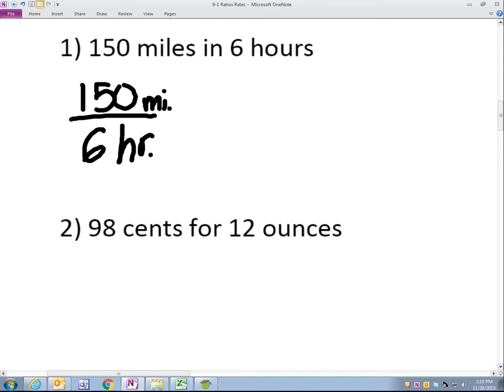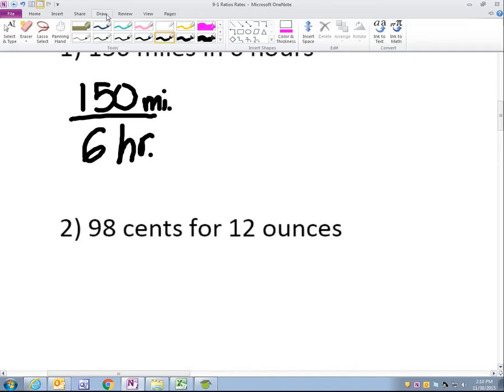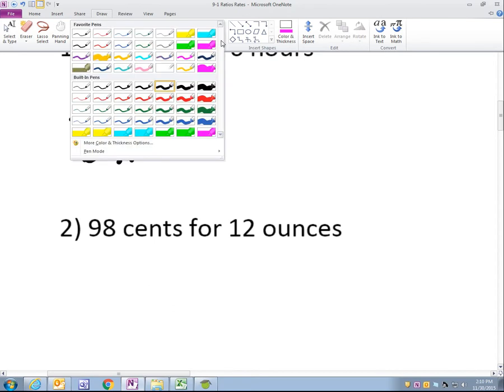Now, in order to do this, I need to do it with the most reduction possible. This goes back to 6th grade as well. All we need to do is put it into simplest form, as a fraction, so an improper fraction. We have 150 miles over 6 hours, and they're asking for a fraction in simplest form, so it's going to be fully reduced.